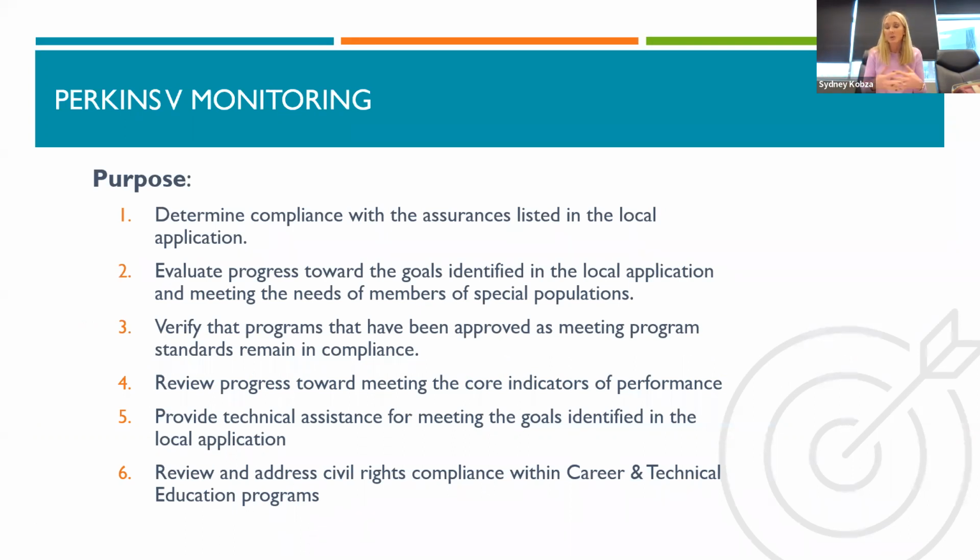Our focus is going to be on providing the supports versus just checking a box and making sure something is there. We really want to make sure this is not a gotcha type of monitoring. It's more providing the support and the assistance that was outlined through a risk assessment in both the Perkins process, the MOA process, and the consolidated process.